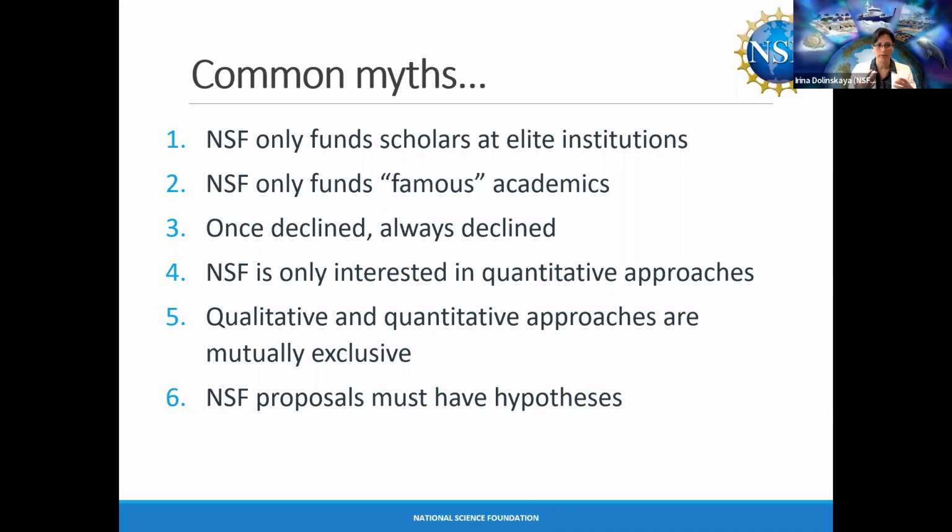They can help you interpret some of the review feedback from the panel, or just make sure you're understanding what's happening. Almost everyone who ever submitted got declined at some point, okay? And we also make a whole lot of awards. So definitely don't get discouraged just because you got declined.